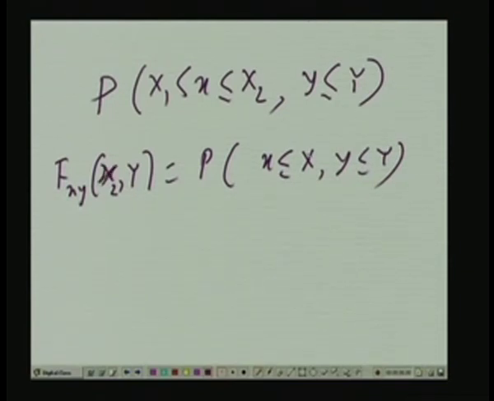Now, this event can be written as a union of two non-intersecting sets, two non-overlapping events.